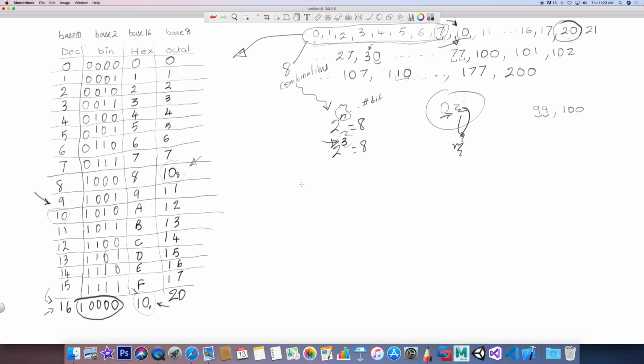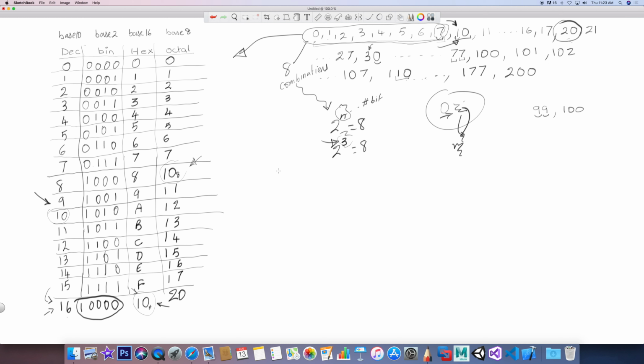Now how do we deal with conversions? We could use this table to convert right away. So 10 decimal is really 12 octal. But how did we get there? How did we go from 12 octal being 10 decimal? Remember what I showed you before, how to go from, let's say, base 10 to base 2.